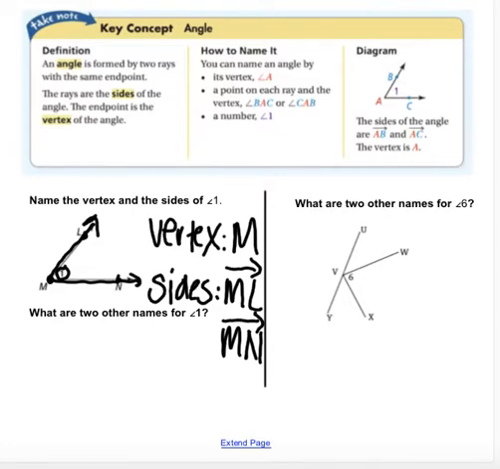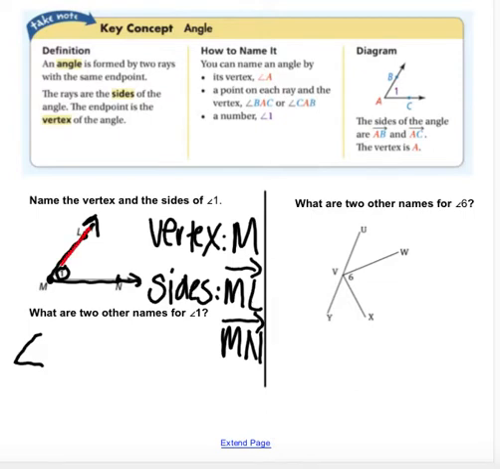When we only have one angle, like we do in this example, you can call it angle 1. We can also name angles based on the sides and the vertex. When we do that, we use 3 points, and we want to make sure our vertex is in the middle. So I could call this angle, that's our sign for angle, and then I can go either way.